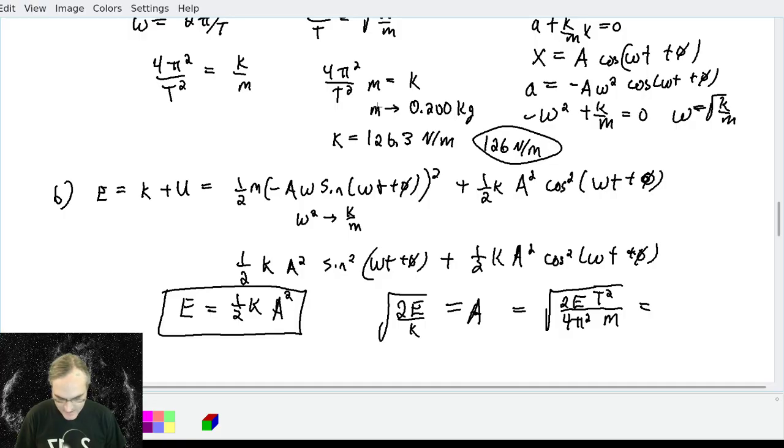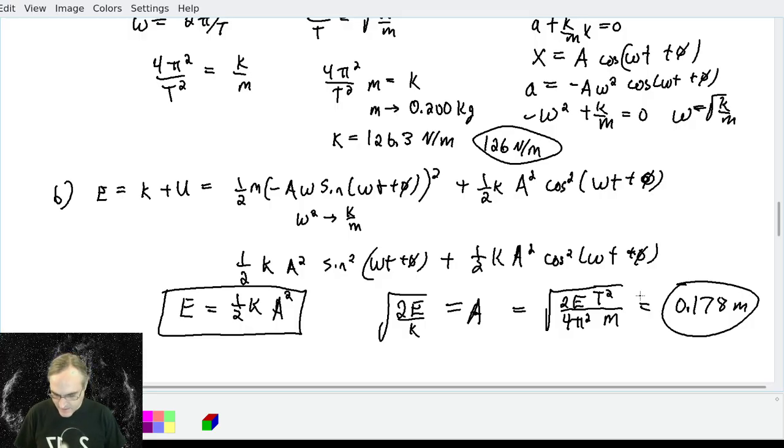So that would be 0.25 divided by 2 pi, because I'll take that stuff out in front of the square root. Then I'll multiply that by the square root of the energy, which is 2 times 2, divided by 0.2, which is the mass. And I get 0.178 meter.